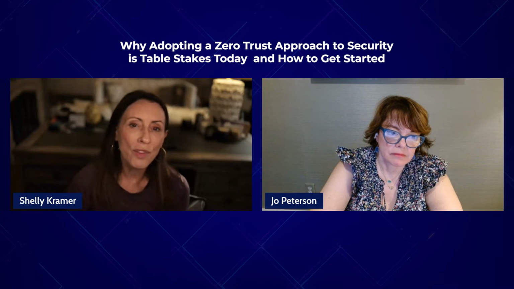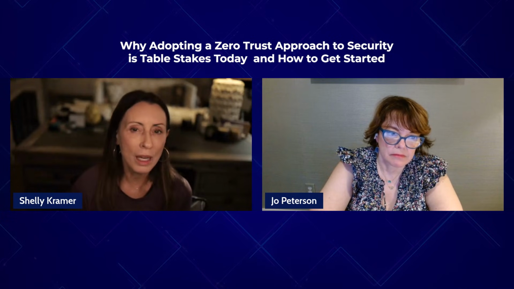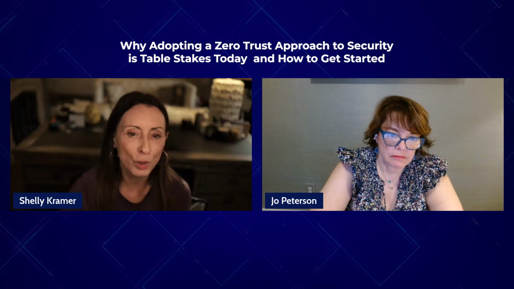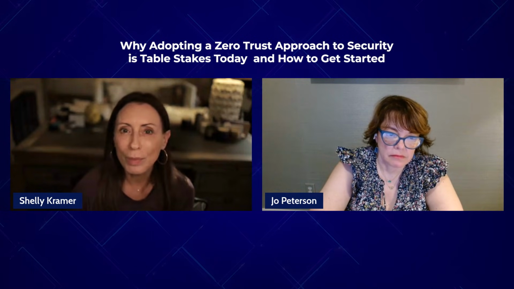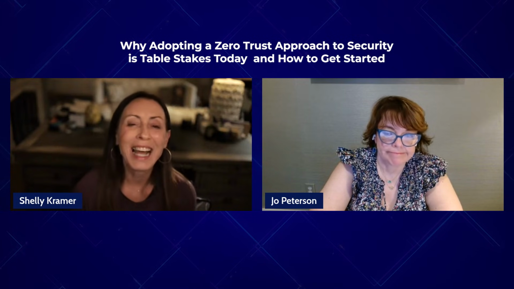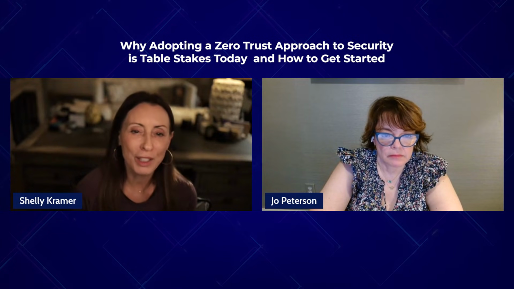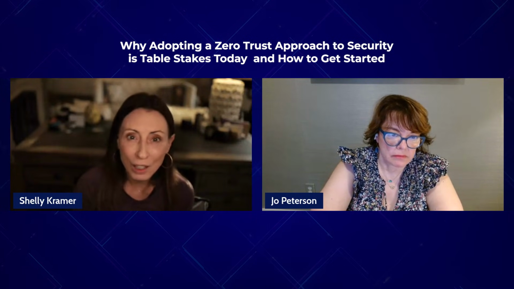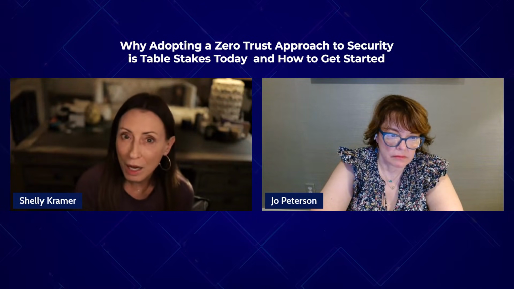So there are about 5 key points when you think about adopting a zero trust approach. First, there should be no implicit trust. You're going to see us talk a lot about trust today. Unlike traditional security, zero trust assumes that any user, device, or application could be compromised.